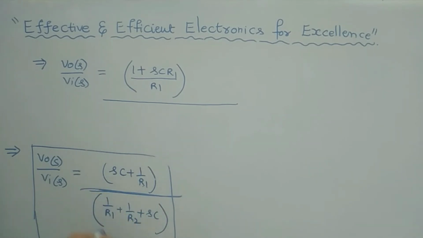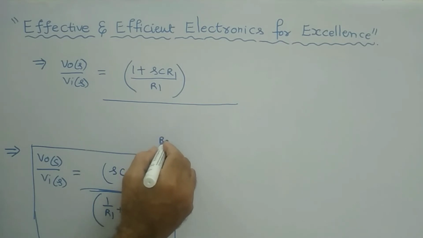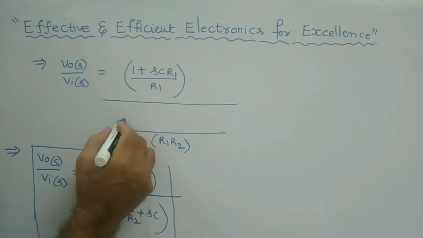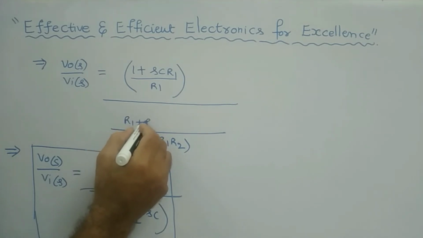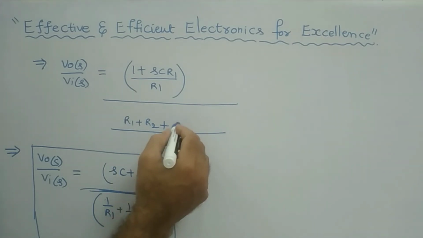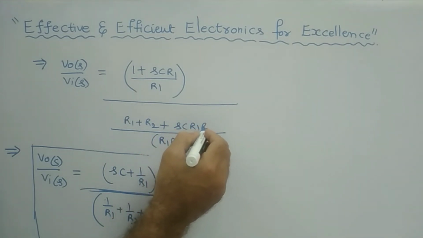Okay, then simplify this also. If you take LCM here, R1 R2 will be there in the denominator part here. R1 R2 comes in the denominator. Then here if you simplify this, obviously here you will get R2, here you will get R1, means in order I will write R1 plus R2 plus what is this? R1 R2 SC, means your SC multiplied with R1 R2.